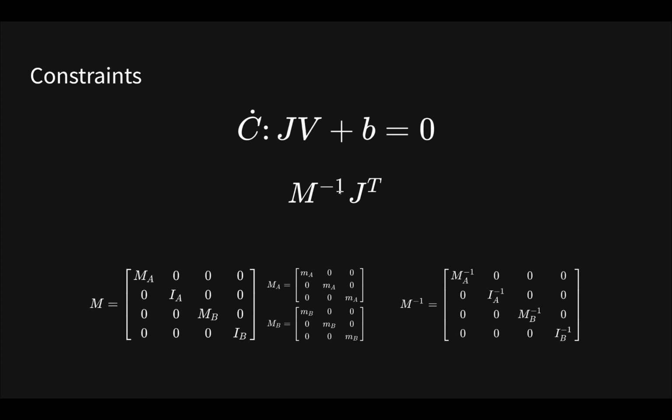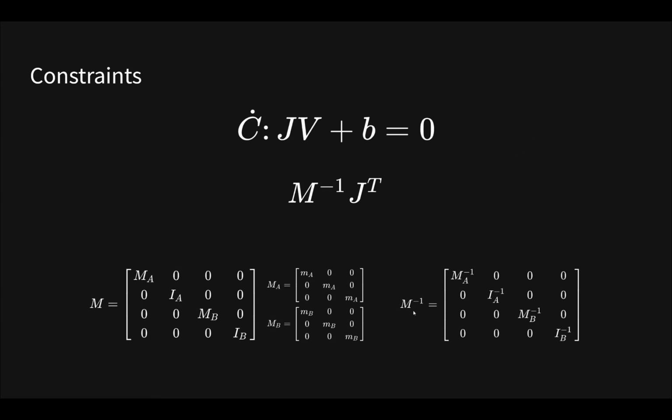The required change is equal to M to the power of -1, the inverse of M, times the Jacobian matrix transposed, where M is what we call the mass matrix, which is this huge 12 by 12 matrix of all the masses and inertia tensors of the objects, where MA is just a diagonal matrix with the scalar mass of object A all across the diagonal.